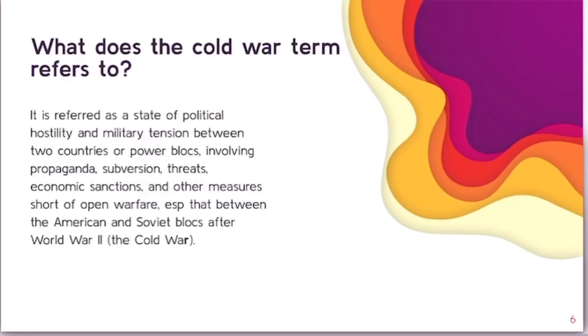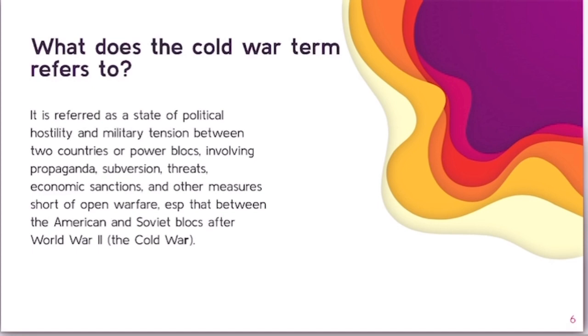Now, what does the Cold War term refer to? It is referred to as a state of political hostility and military tension between two countries or power blocs, involving propaganda, surveillance, threats, economic sanctions, and other measures short of open warfare, as that between the American and Soviet blocs after World War II.